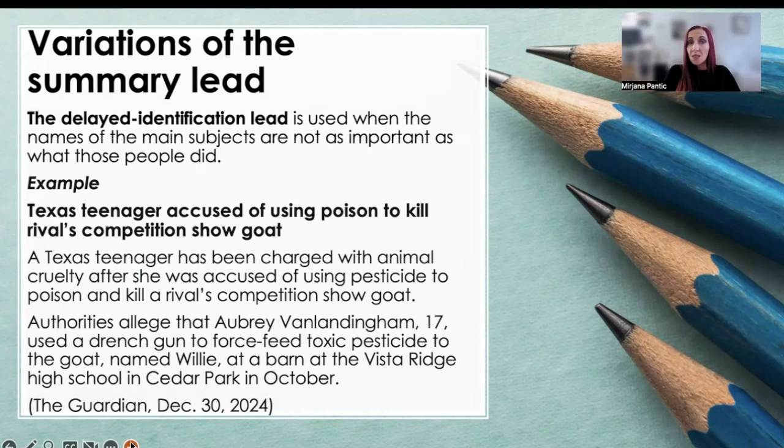So, speaking of the delayed identification lead, for the exercise that you need to post before we meet in person, I want you to find two news stories that have the delayed identification lead. Don't use this example that I used in this lecture. Find it and then copy and paste that story into your discussion.